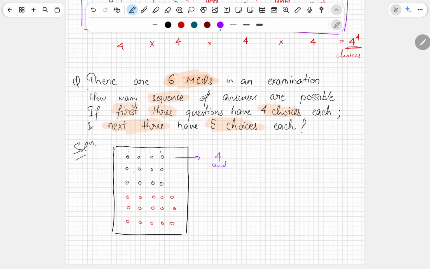And for the next question I have 4 choices, and for the next I have 4 choices, and for the next I have 5 choices, and for the next I have 5 choices, and for the next I have 5 choices. So in order to solve this, I'll write 4 into 4 into 4 and 5 into 5 into 5. So the answer is going to be 4 to the power 3 into 5 to the power 3.